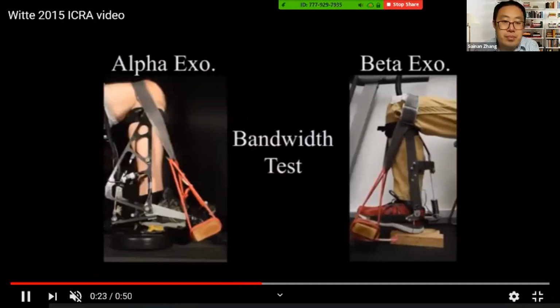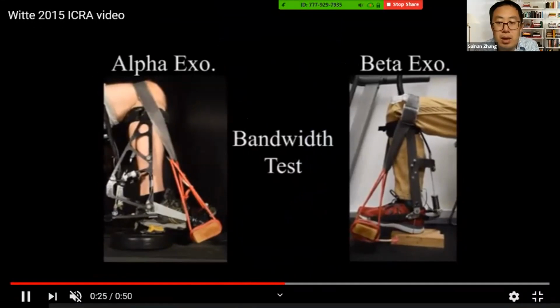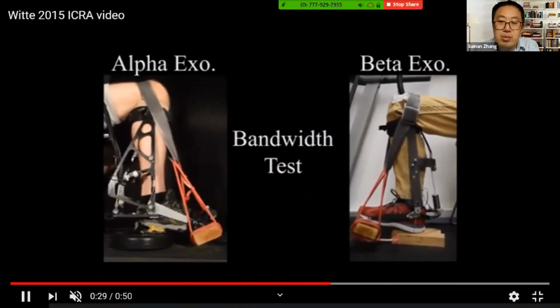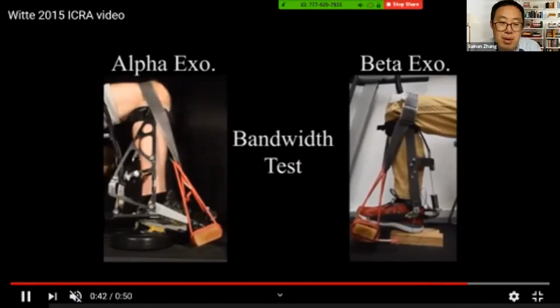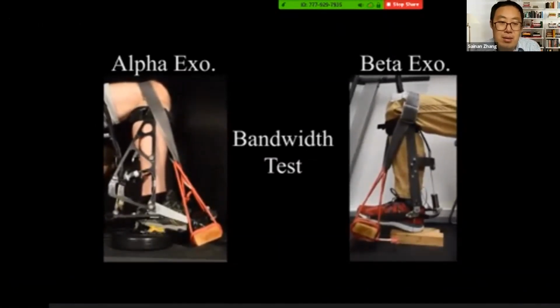Pay attention to this section. We want to test the bandwidth of the ankle exoskeleton. They have version 1 and version 2, but in both the human limb is fixed. So it looks like a little bit painful or maybe a massage type of experiment, right? It's an interesting experiment.